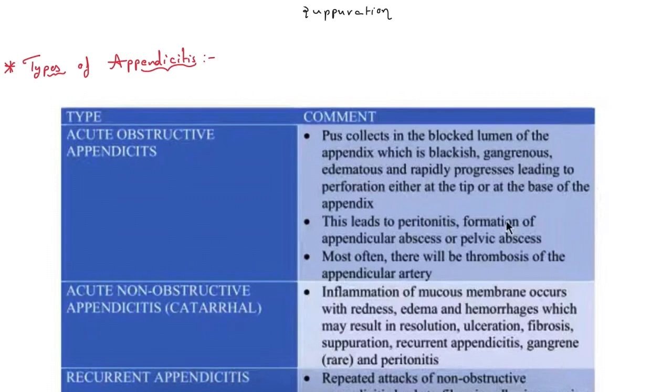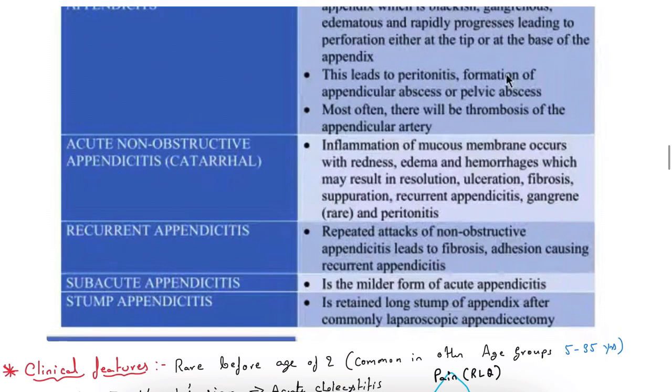This is the first condition. Second, when peritonitis happens, automatically we get appendicular abscess or pelvic abscess. Then if the appendicular artery gets obstructed because of thrombosis, it can lead to obstructive appendicitis. Next we can see non-obstructive appendicitis.